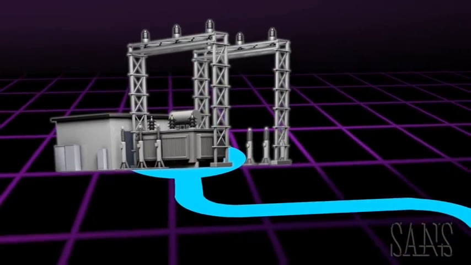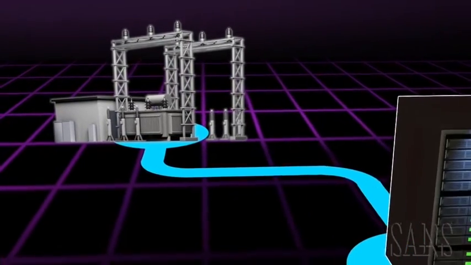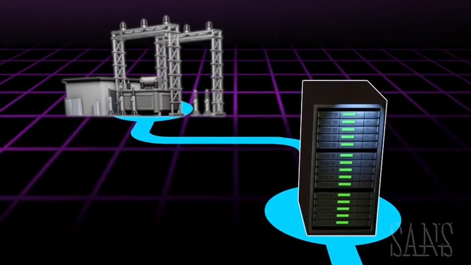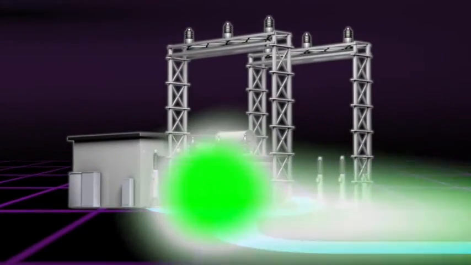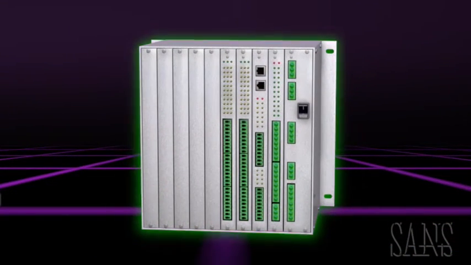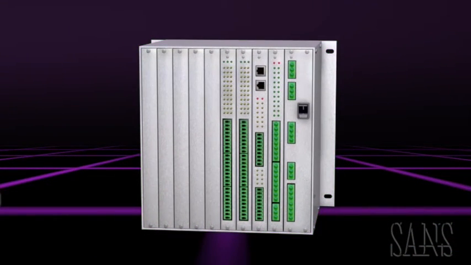How the message gets to the destination depends on the communications path that was engineered for the location requirements. Once the message is received at the selected substation, it will most likely terminate at a field remote telemetry unit, or RTU.